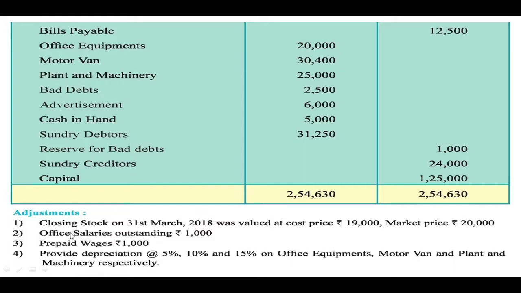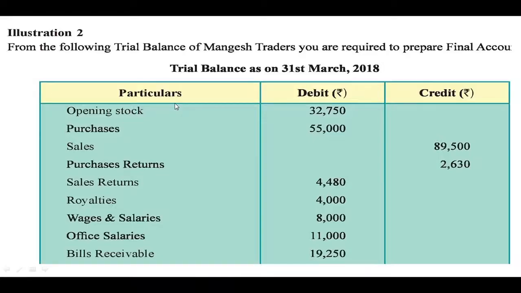All these adjustments will be recorded twice, but you have to check the amounts or the items on which the adjustments are given. Here office salaries adjustment is there, so you have to make a tick mark near office salaries so that you can record this amount in the inner column to do the addition or subtraction to give the effect to the adjustment.